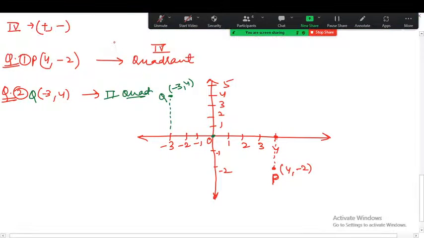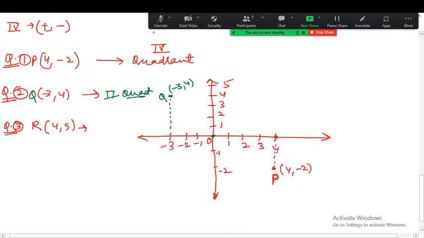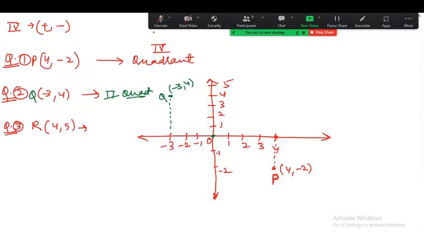Similarly, I have one more question for you. I want you to locate a point R which is 4 comma 5. Can you locate it, and can you tell me where it lies? Okay, 4, 5, that's plus plus, quadrant 1. Exactly, it lies in the first quadrant.